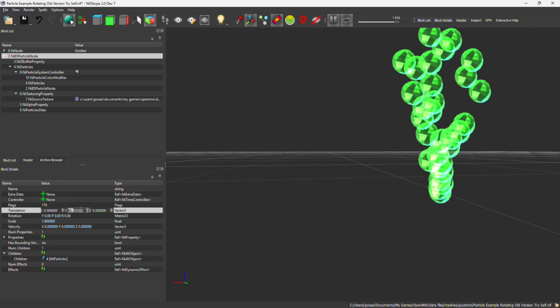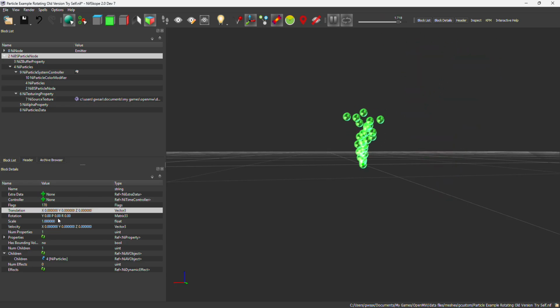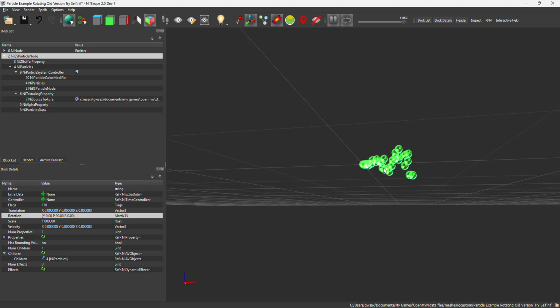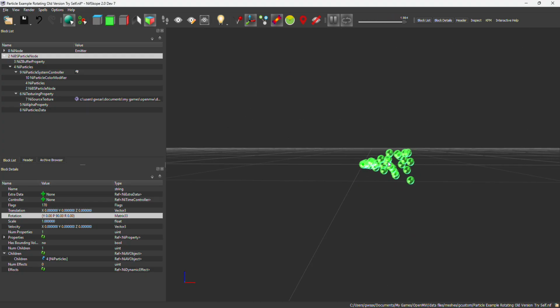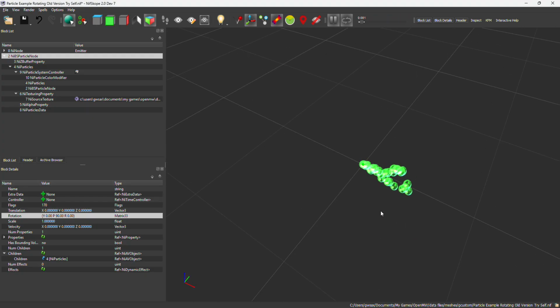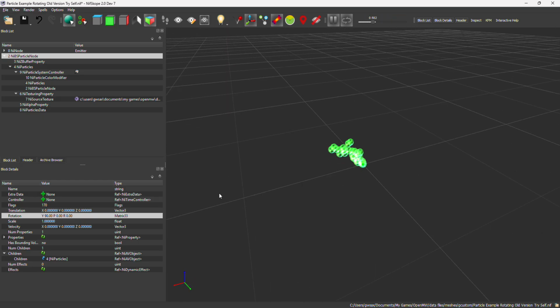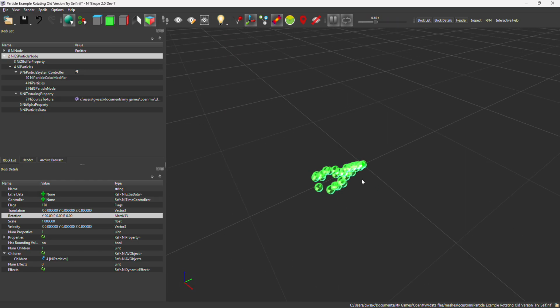Wrong node. So if we go 90 on the pitch, you see that the fan is sideways instead of along the XY plane. Whereas if we change this and this to 90, the yaw, now it's flat along the XY plane.